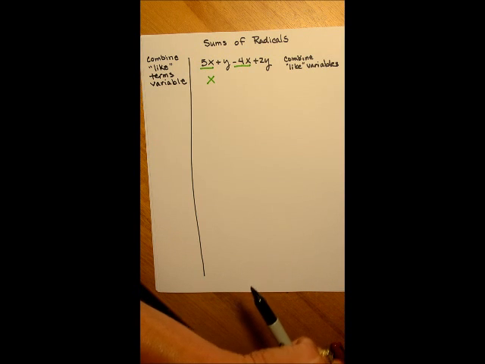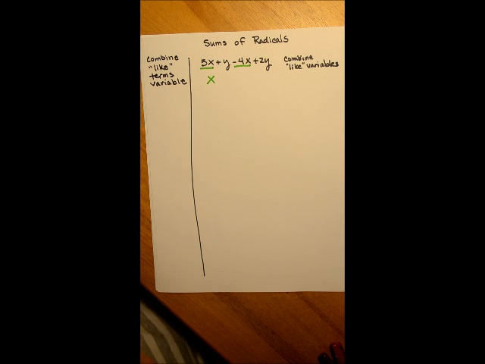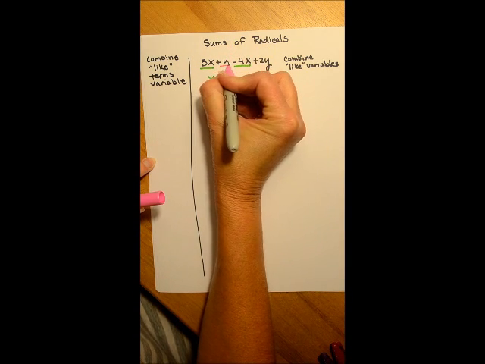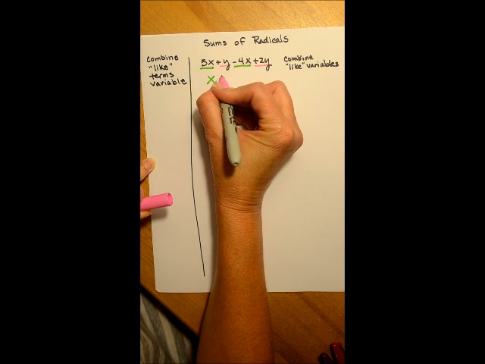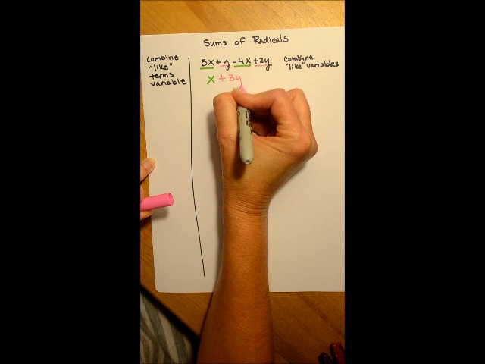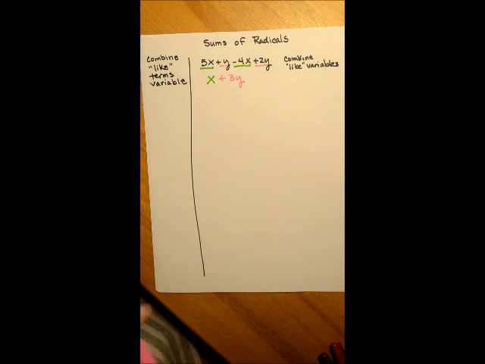This positive y and that 2y are going to be combined, and that would give me plus 3y. And I have now combined like terms. That's what you learned before.